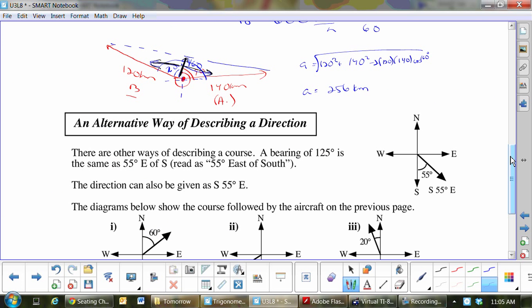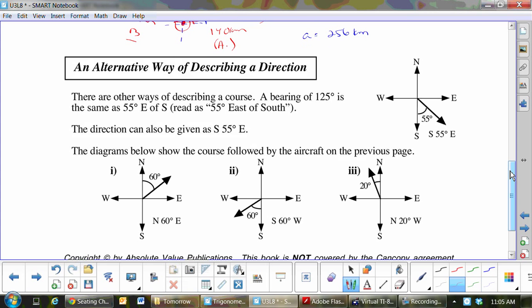Okay, now the next one, there is another way of doing it. This is the way that it is presented usually, south 55 east. Now, the way that I do these, to keep them really, really simple, is I split it into two steps.